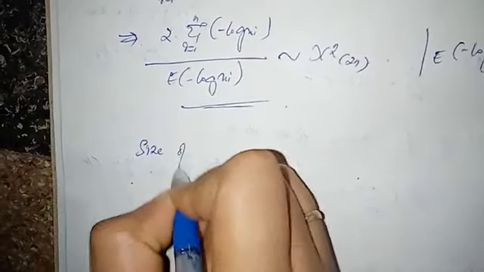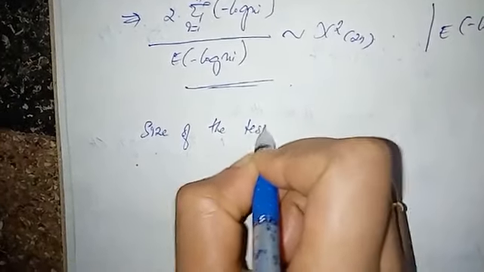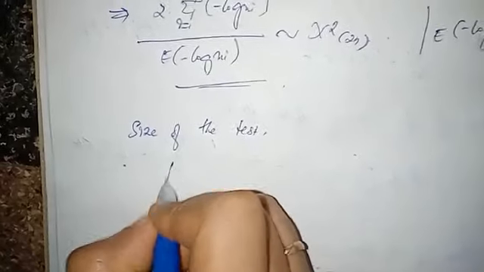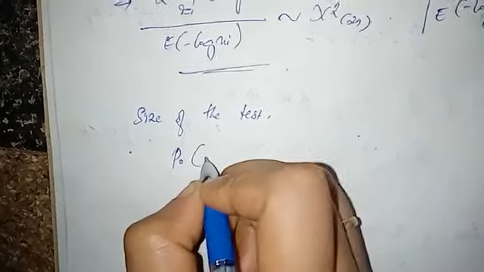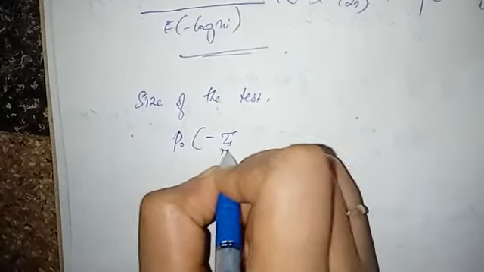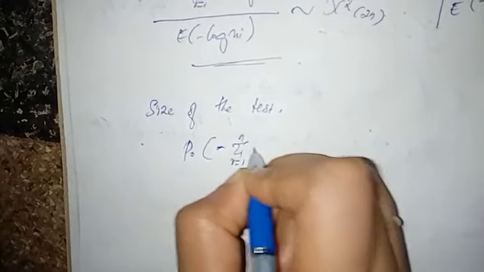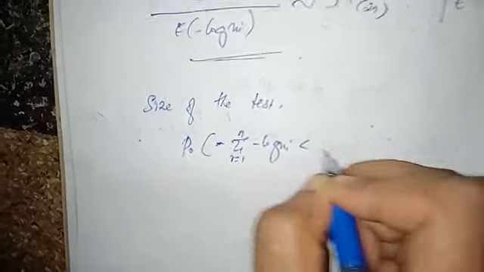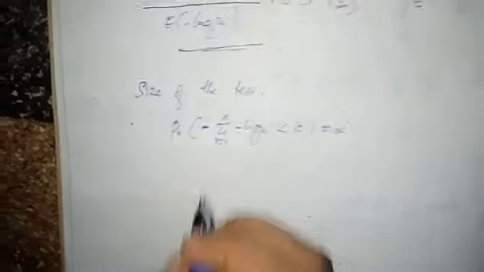The size of the test is the probability of summation i=1 to n of minus log xi less than k equal to alpha.